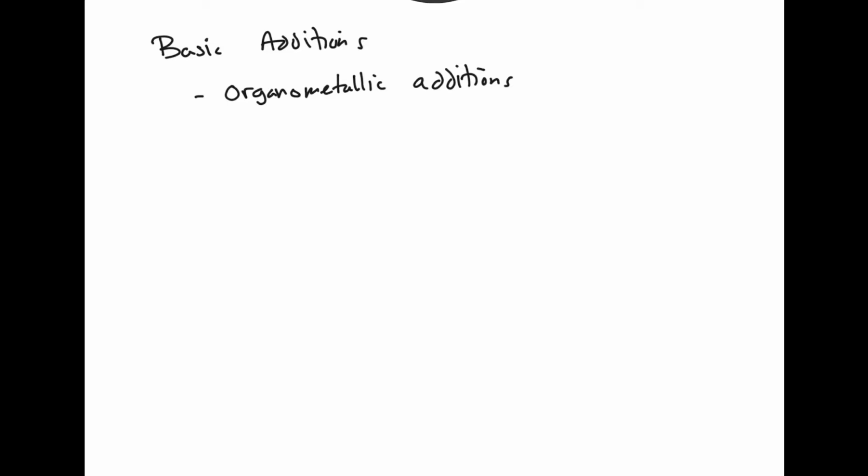We have our organometallic additions that we did for the alcohols, right? Have your carbonyl, you have, let's say, your Grignard reagent, right? If you remember, we could always break a carbon metal bond and say, hey, the metal is positive, the carbon is negative.